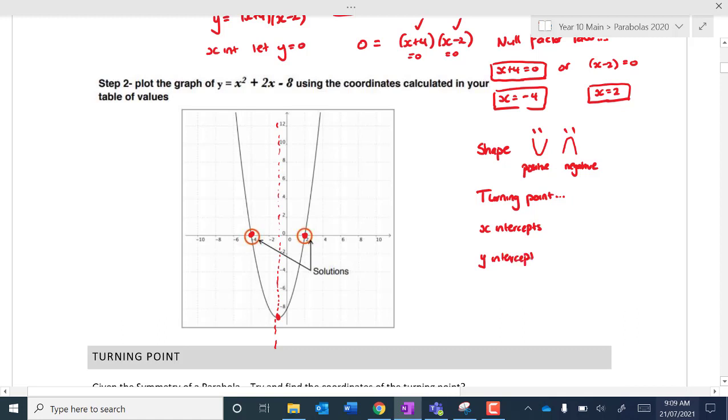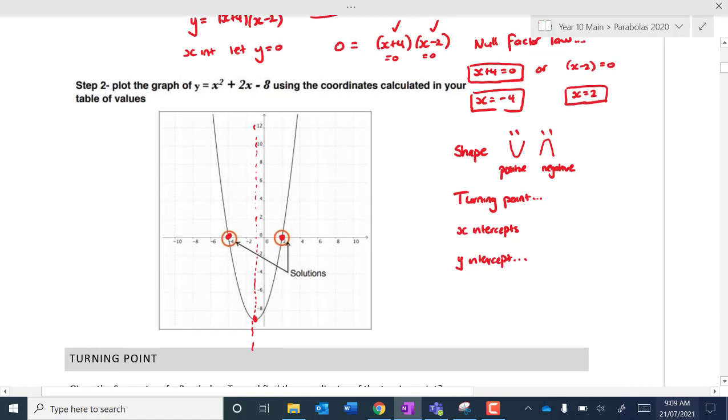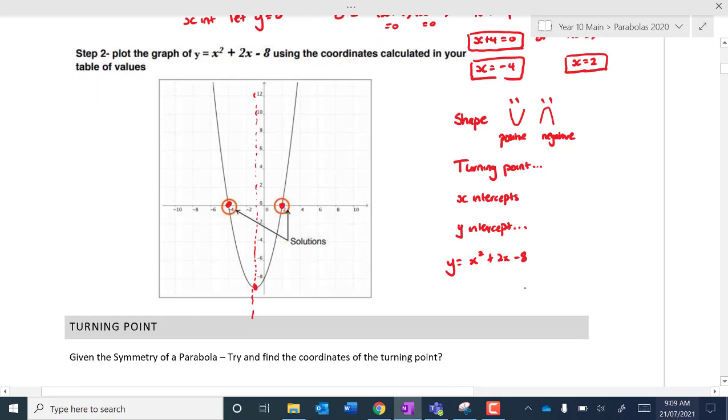And the y-intercept is actually pretty easy because if you think about it, we've got a graph of y equals x squared plus 2x minus 8. If the x-intercept is when y equals 0, for the y-intercept, we let x equal 0.